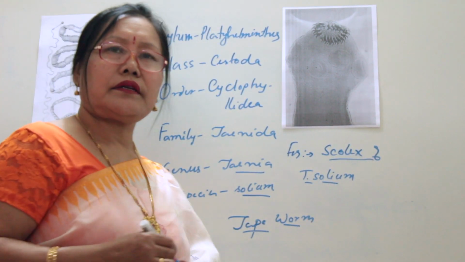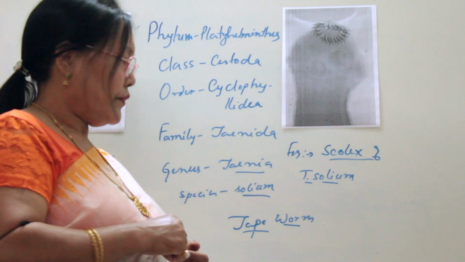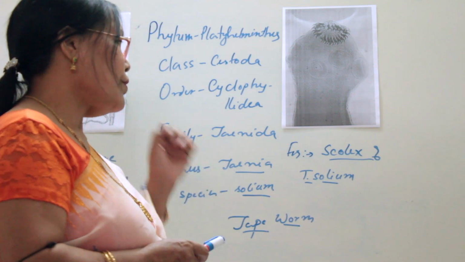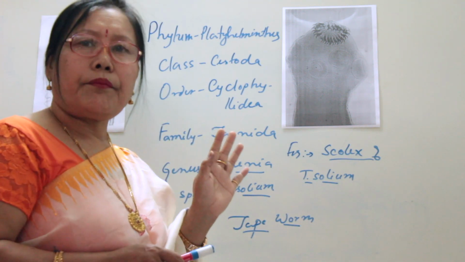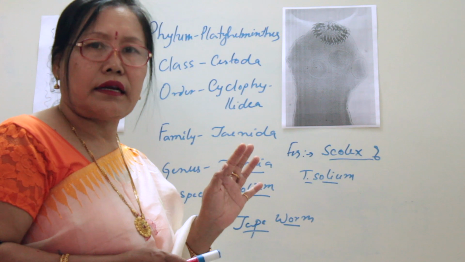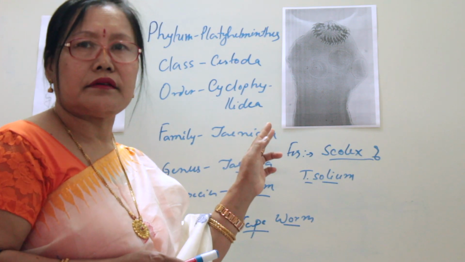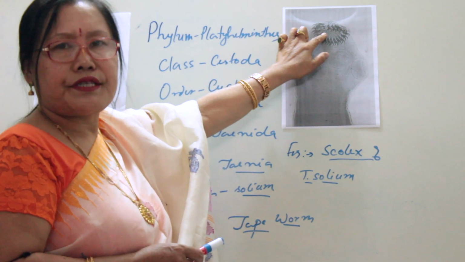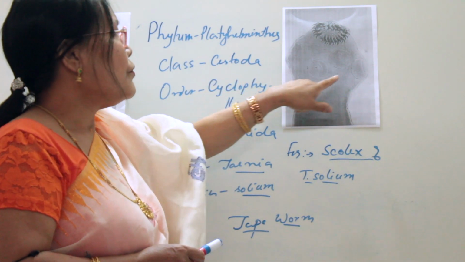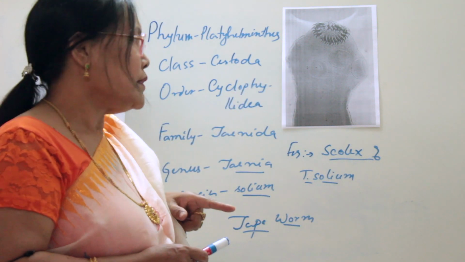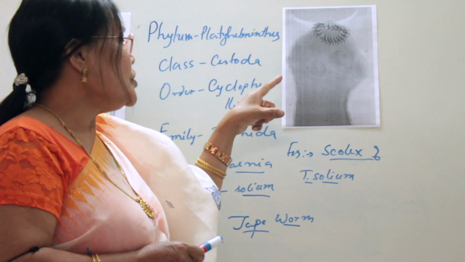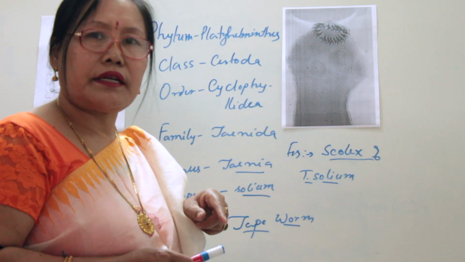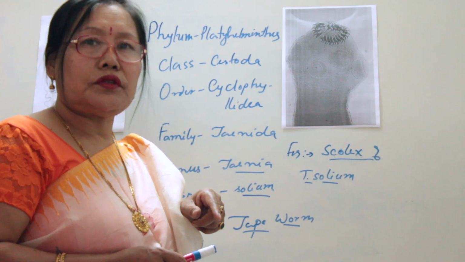In this parasite, the head is known as the scolex. There are some peculiar characters present in this head region. In the head region, there is a rostellum and 4 suckers. The rostellum and the suckers function for attachment of their body to the host.